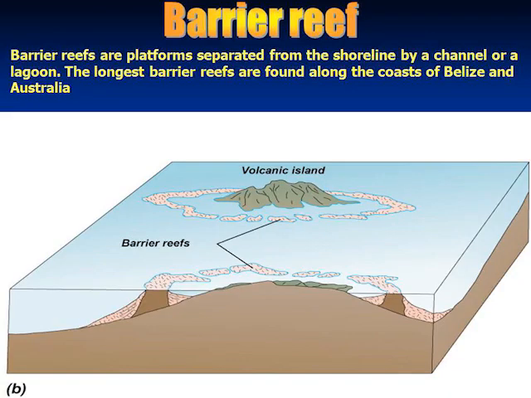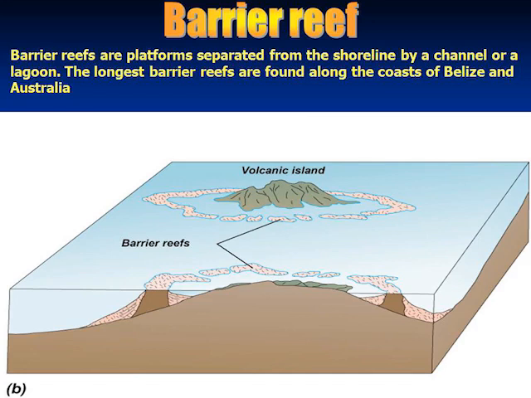Next we will be concentrating on the next popular type of reef, the barrier reef. Here we can see the land portion adjacent to some volcanic islands which are submerged within the sea, and just in between the volcanic islands there are encircled portions.